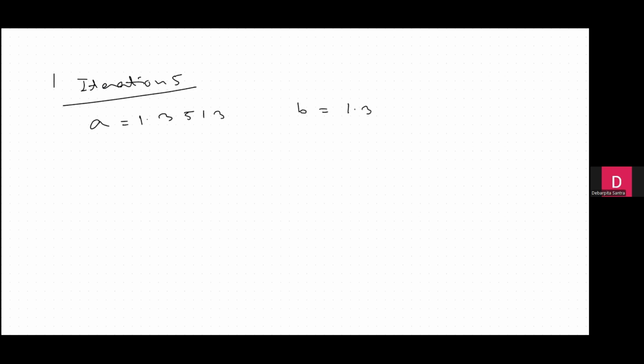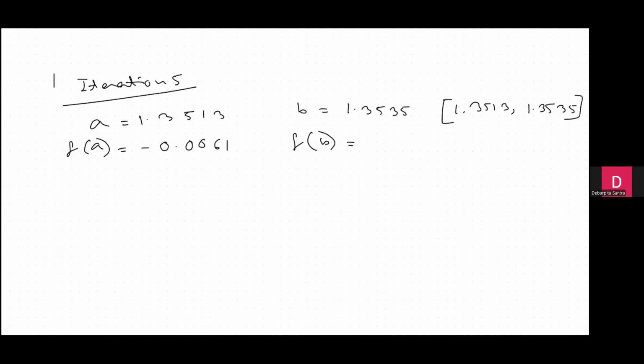Now see, the interval is so much reduced. It is 1.3513 and 1.3535. It is very reduced. So we already have calculated f of a. f of a is minus 0.0061 and f of b is 0.0003. So we now calculate c again.